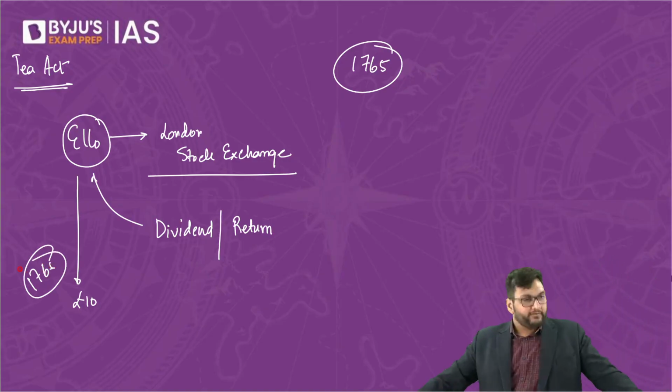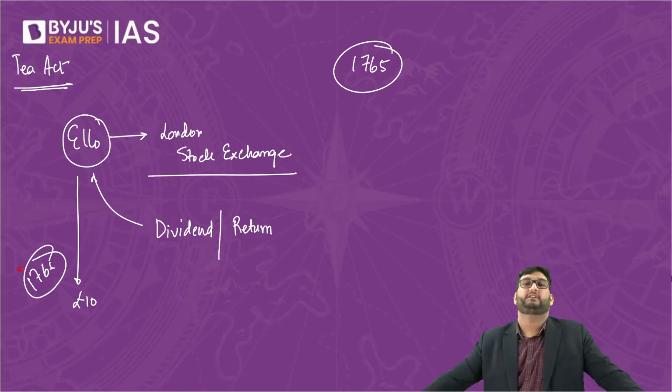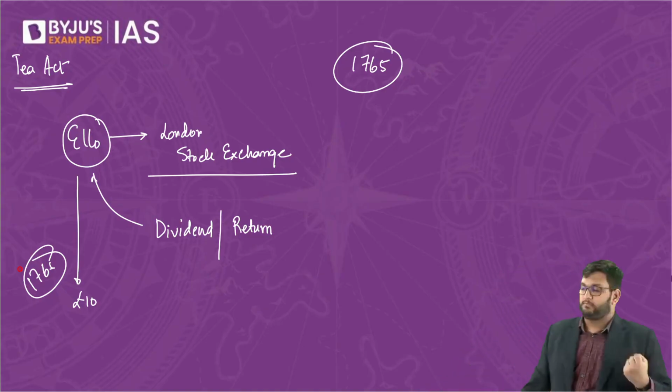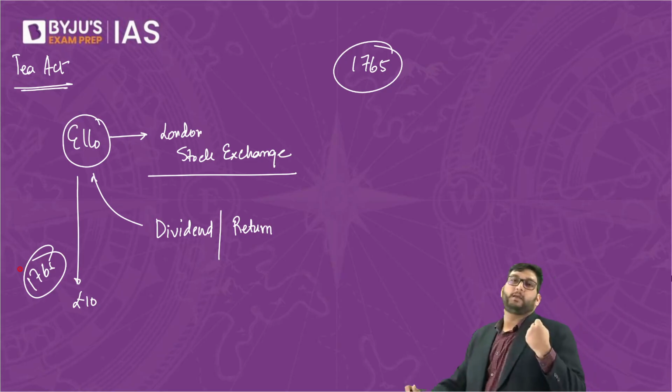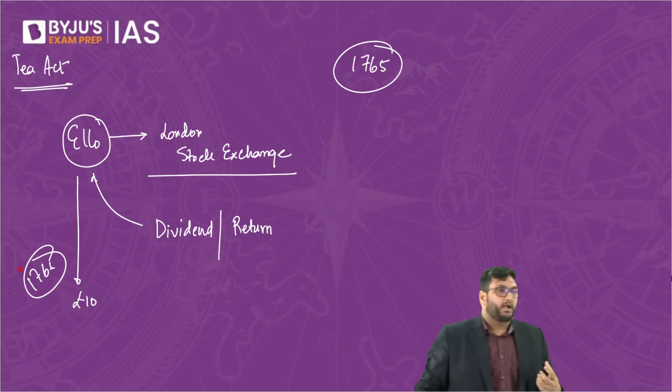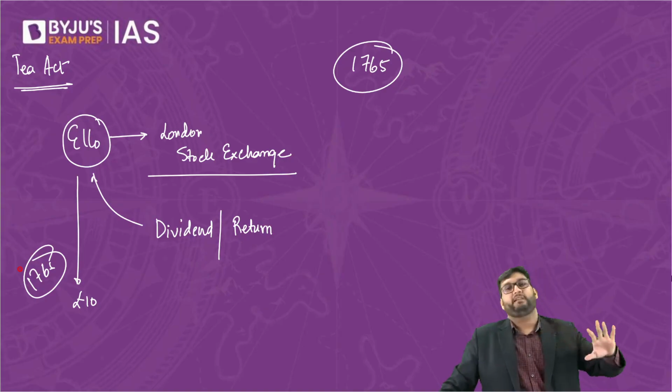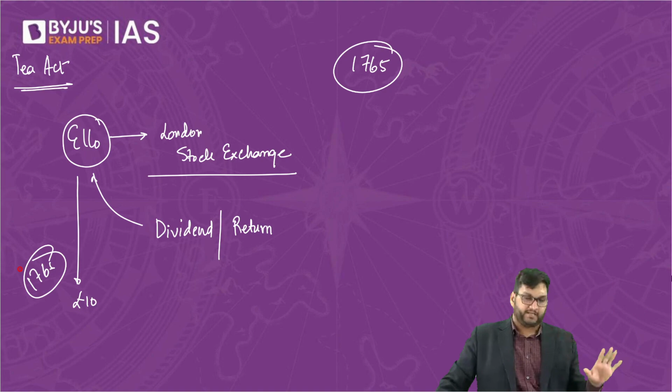Now what Clive does is that he starts to beat the drum like anything across London, across India, saying that a lot of revenue is going to come from the Bengal, Bihar, Orissa Diwani. Crores of rupees we will take out. Close to 5 million to 10 million pounds was expected out of Bengal.